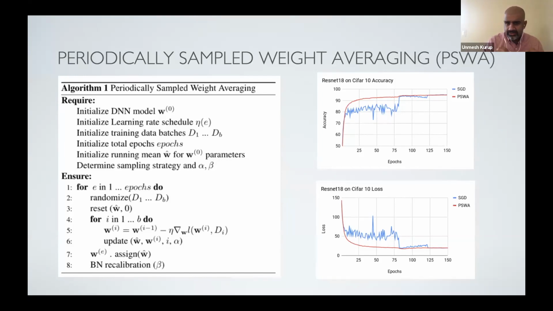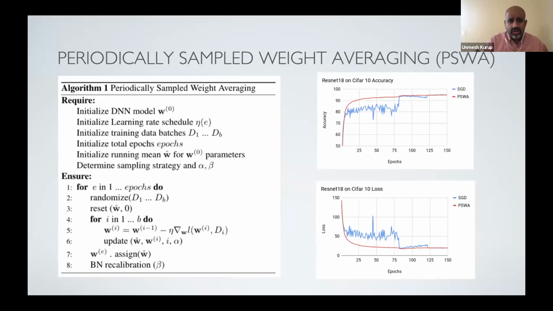It's a simple difference, but it has fairly important consequences. If you look at the graphs on the right, now you're seeing a comparison between SGD and our technique for CIFAR-10, and this is for ResNet-18. One is showing the accuracy, the other is showing the loss. You can see how much of a difference just this assignment of averages makes.